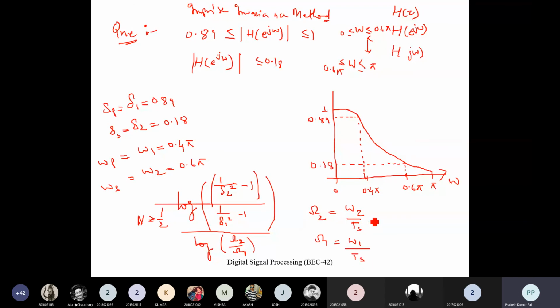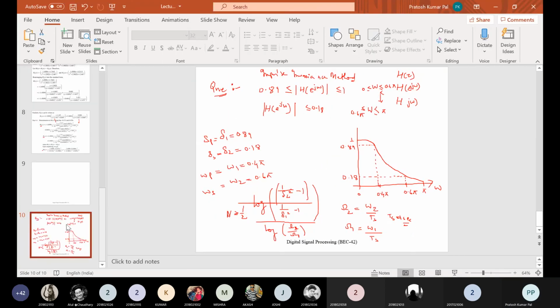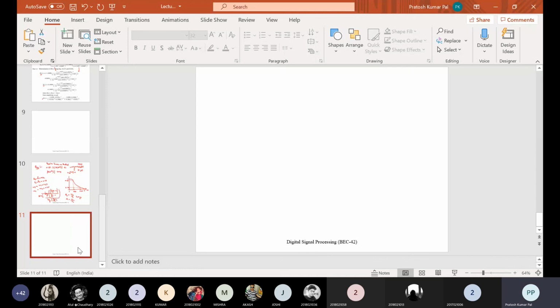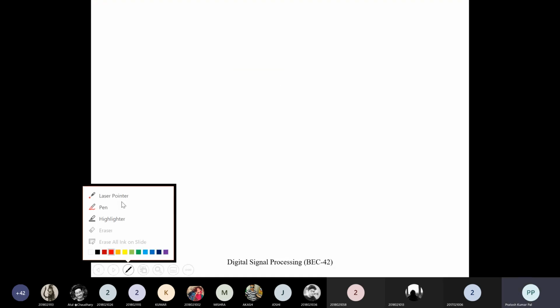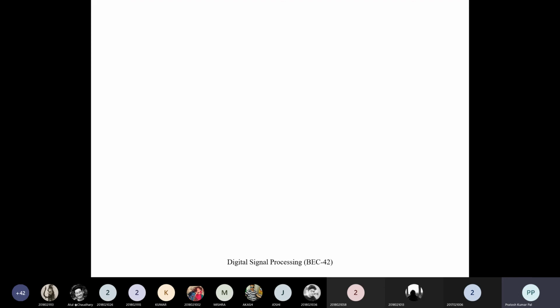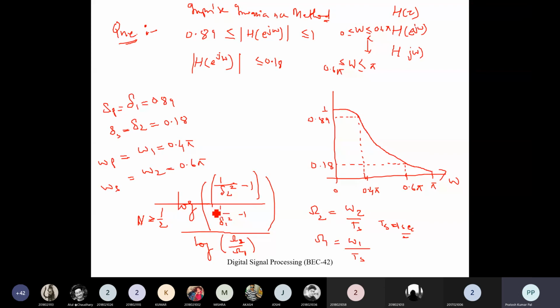If Ts is given, use it, otherwise Ts is considered as 1 second. Once we put the values in this formula, we can get the value of n.